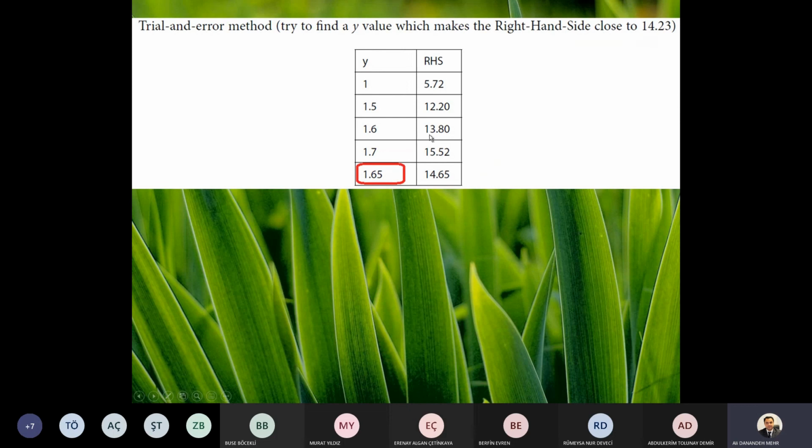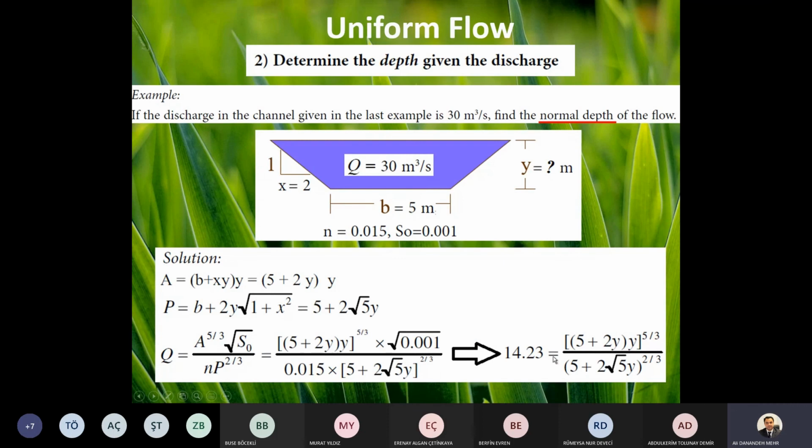I'm closer, but not 14. I increased by 10 centimeters again, and now I'm a bit far from the left hand side, so I should decrease. I decreased by 5 centimeters to 1.65. I calculated the right hand side as 14.65, and you see that it is very close to 14.23.